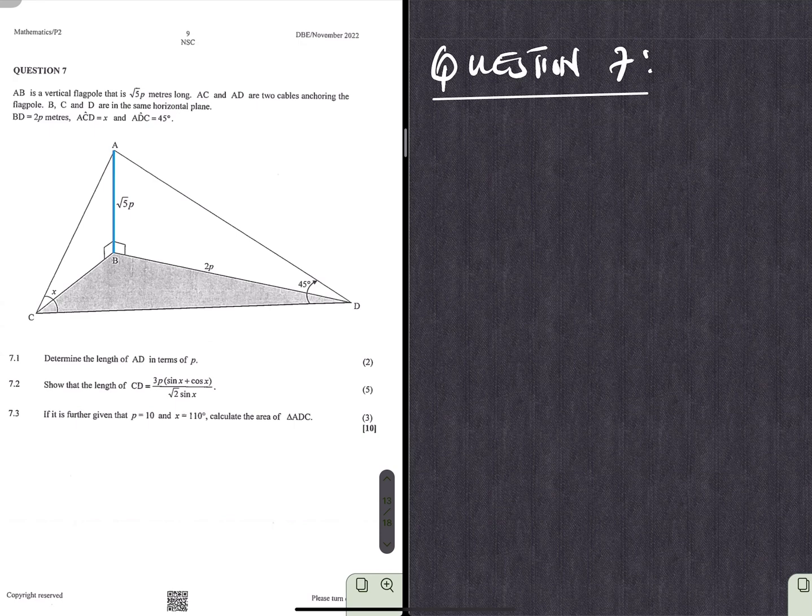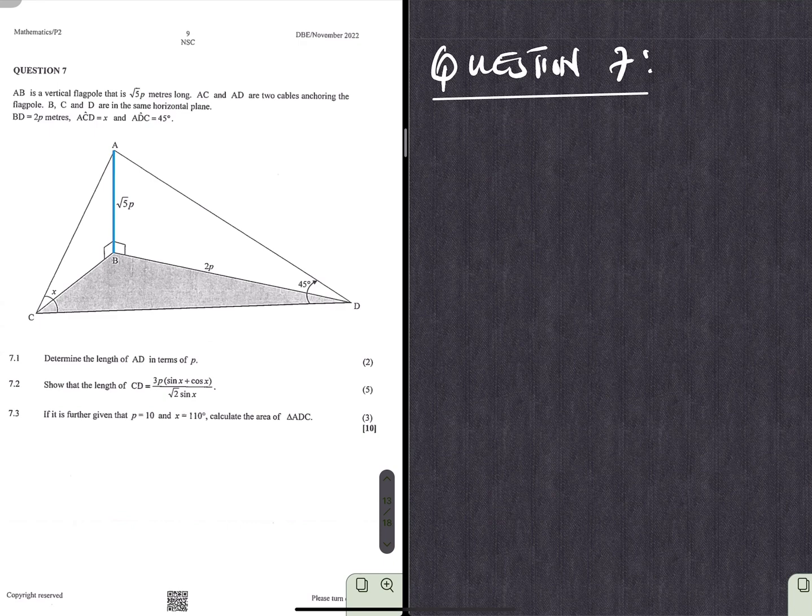AC and AD are 2 cables anchoring the flagpole. Okay, that is AC, and AD. And they say that B, C, and D are in the same horizontal plane. This is the horizontal plane they are talking about.